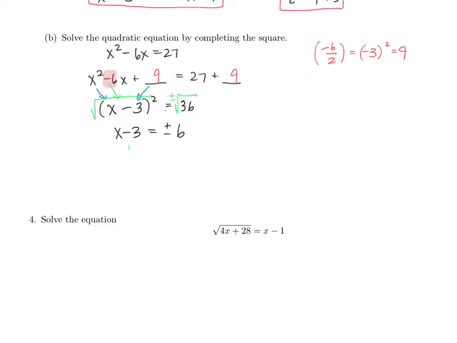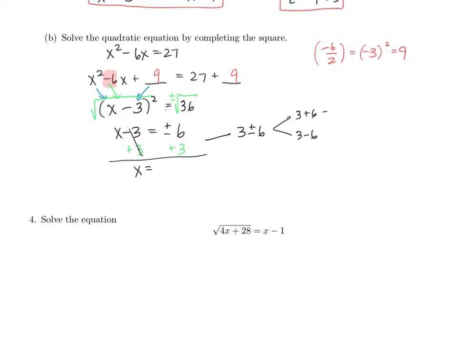And then the last step is to get the x by itself. So we're going to add 3 to both sides. So x equals, the biggest mistake that's made here is people say plus or minus 9. That is incorrect. This means 3 plus or minus 6. This means 3 plus 6 or 3 minus 6.